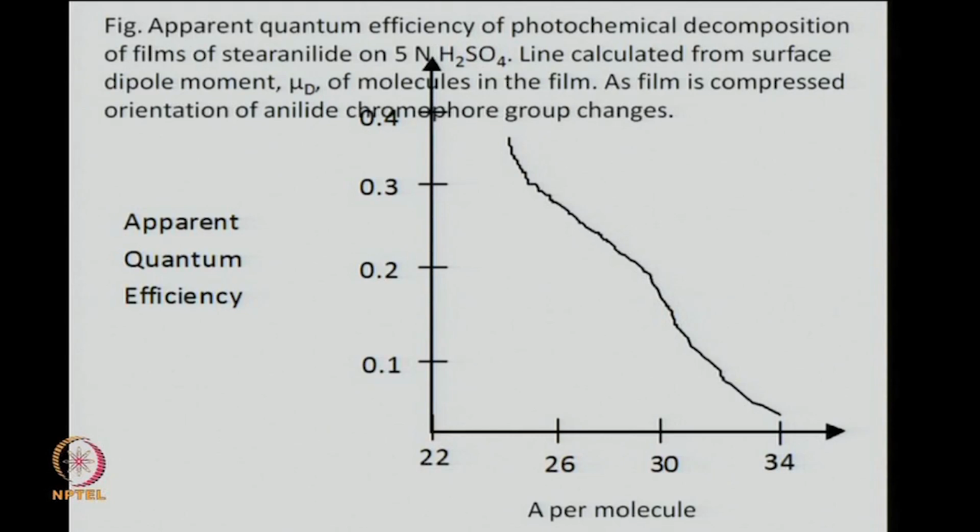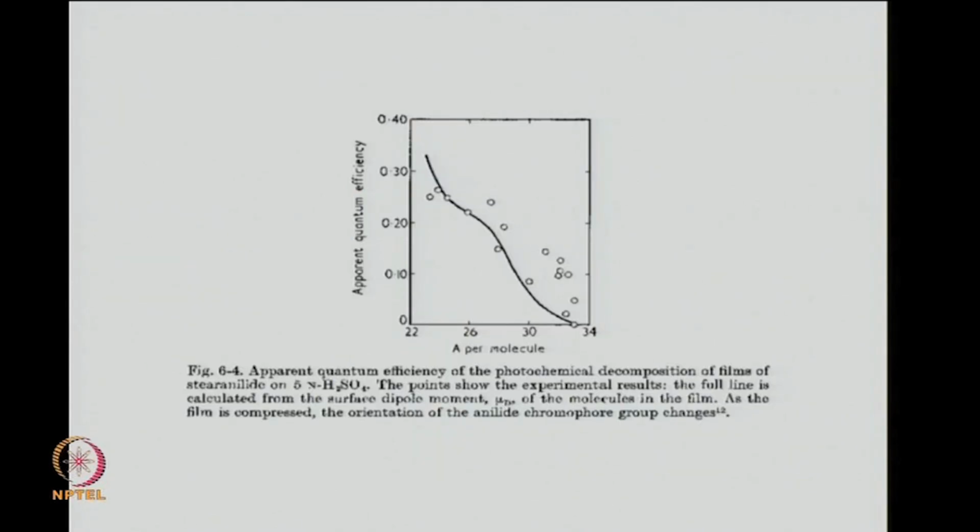This only shows you the effect of the area per molecule on the apparent quantum efficiency, better shown in the next figure, where we have the line here showing how the apparent quantum efficiency would vary depending on the area per molecule, which varies from 22 to about 34, and the apparent quantum efficiency spans a range of values from 0 to about 0.35. The circles over here are the experimental data points.